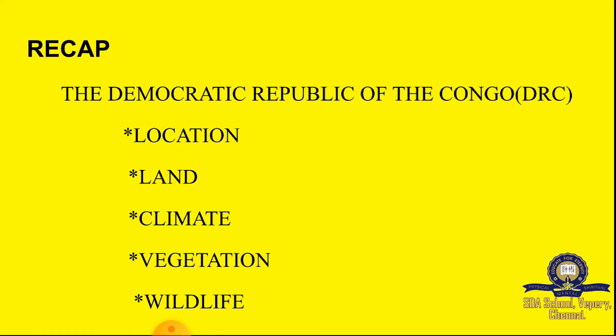Even sunlight cannot pass through them. These forests remain green throughout the year and are called evergreen forests. These forests are so dense that it is difficult to pass through them. Next we learnt about wildlife.